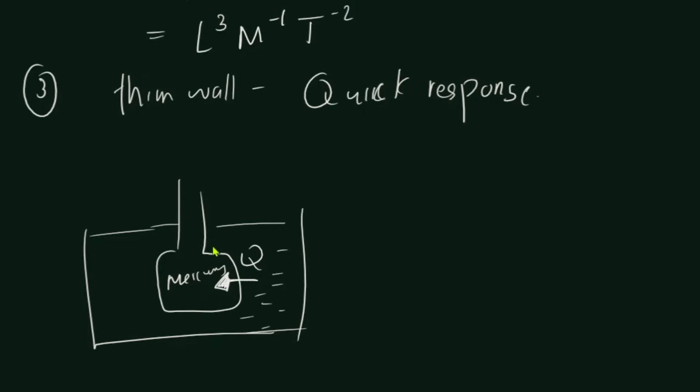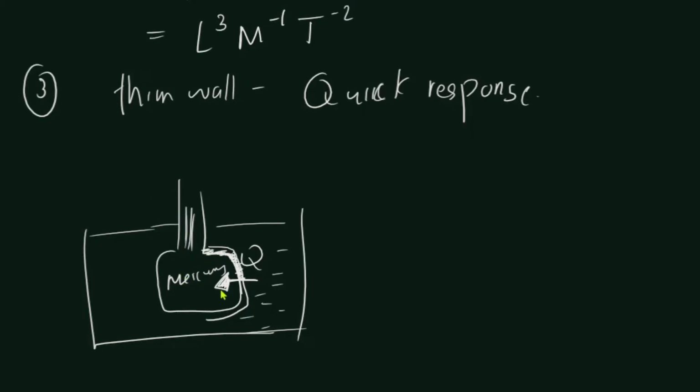So what happens if it is too thick? If it is thick, the heat needs to conduct through this thick solid part, and it would take some time. If it takes some time, it would take a longer time to show a response.